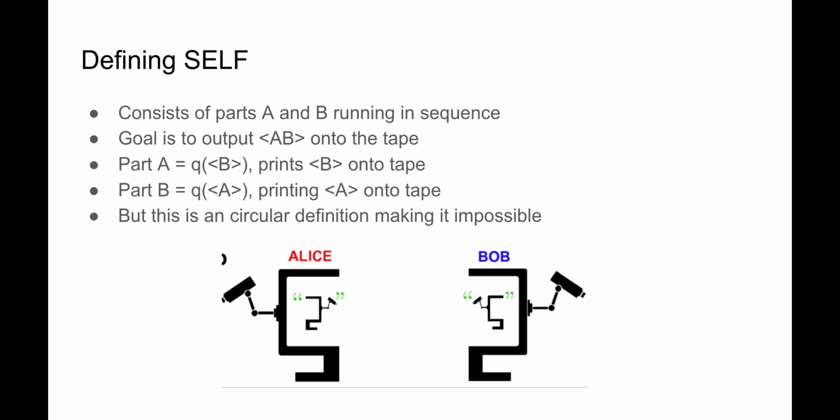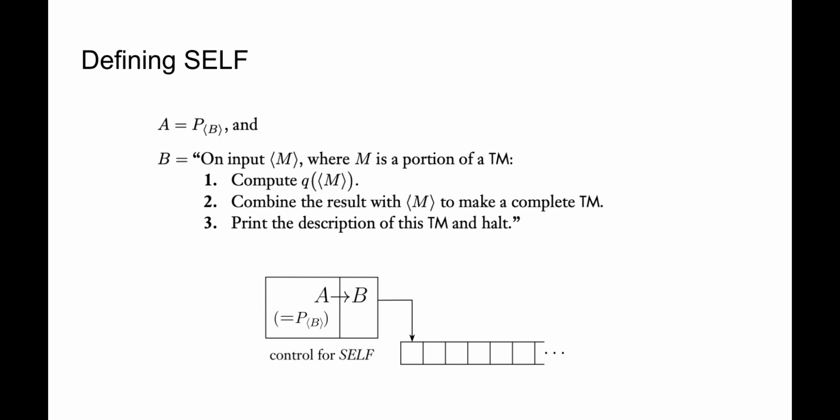So we go with a slightly different approach where we have part A as the same thing, defined as Q of B, but we modify part B to be a bit more generic. So part B will read its input from the tape, and it'll compute Q of whatever's on the tape.